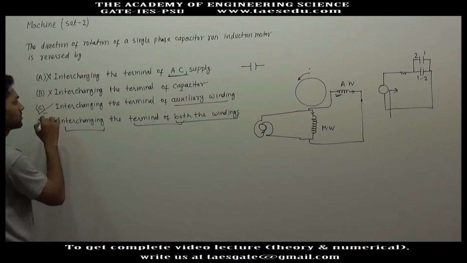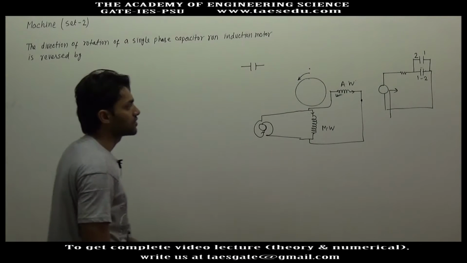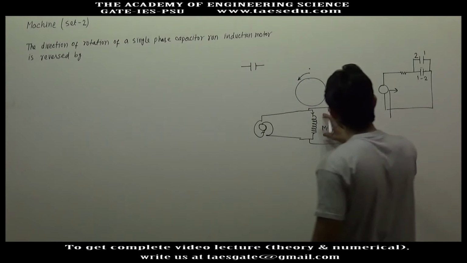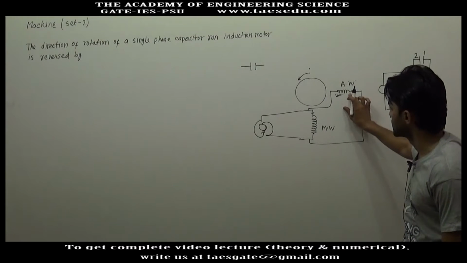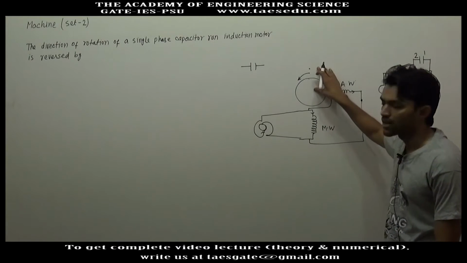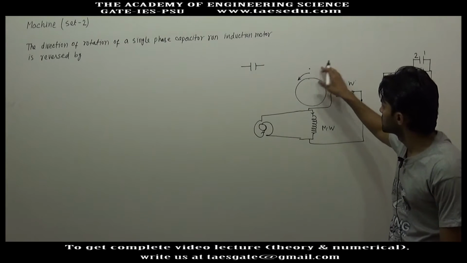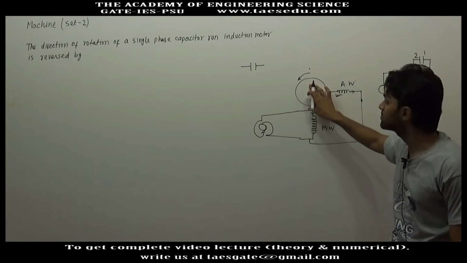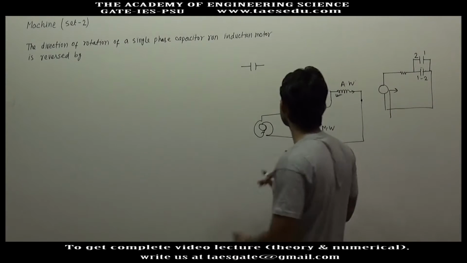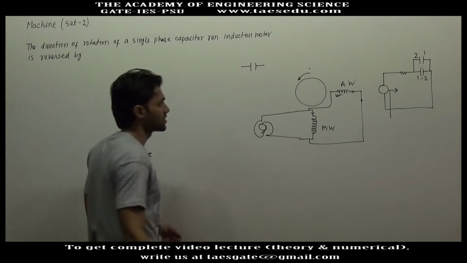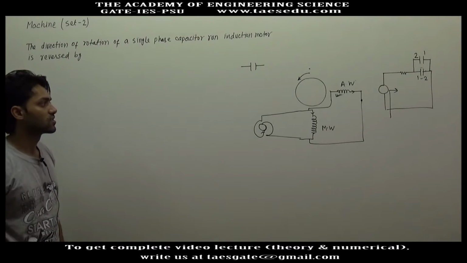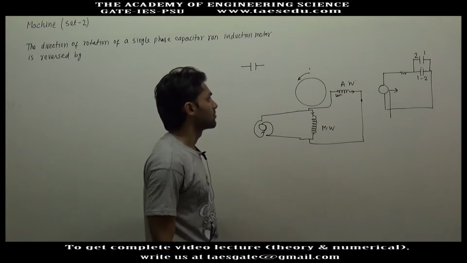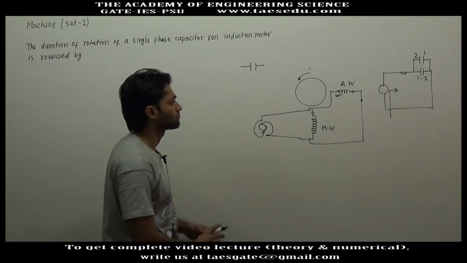This option is wrong. Even if the connections are not interchanged, if the position of the main winding and auxiliary winding is interchanged, the direction may also be reversed. We have already discussed these things in the theory lecture.